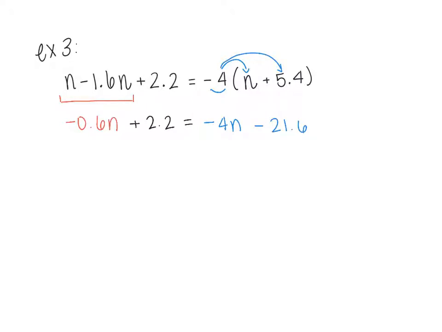Now I look for like terms on the left, like terms on the right. I don't see them, so I go to combine my n. So negative 4 is smaller than negative 0.6, so I'm going to add 4n to both sides. So I have 3.4n. Carry everything down. Minus 2.2.